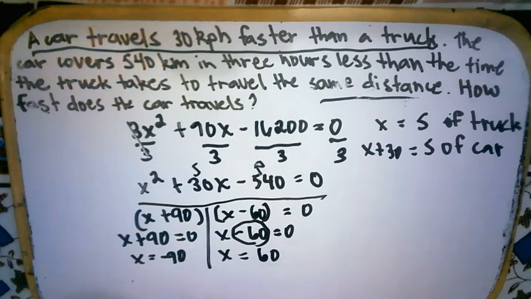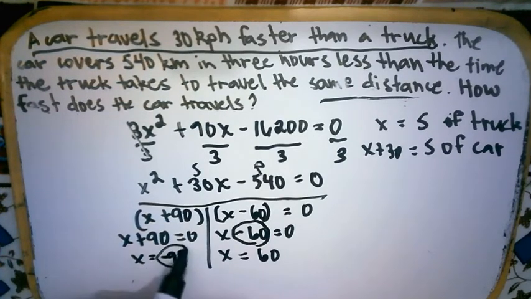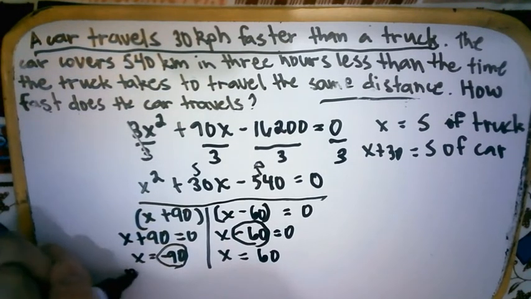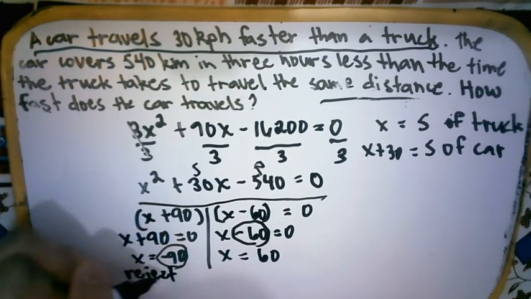So, will it be negative 90 or 60? So, for you to decide, marirealize nyo here na since speed yung pinag-uusapan natin, we cannot have a negative speed. So, we cannot have negative 90 kilometers per hour. So, ibig sabihin, in our solution, i-reject natin to. So, this will be rejected.